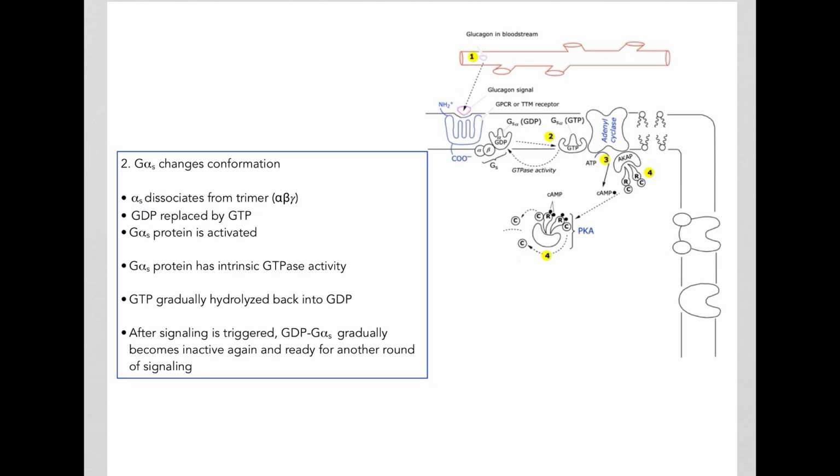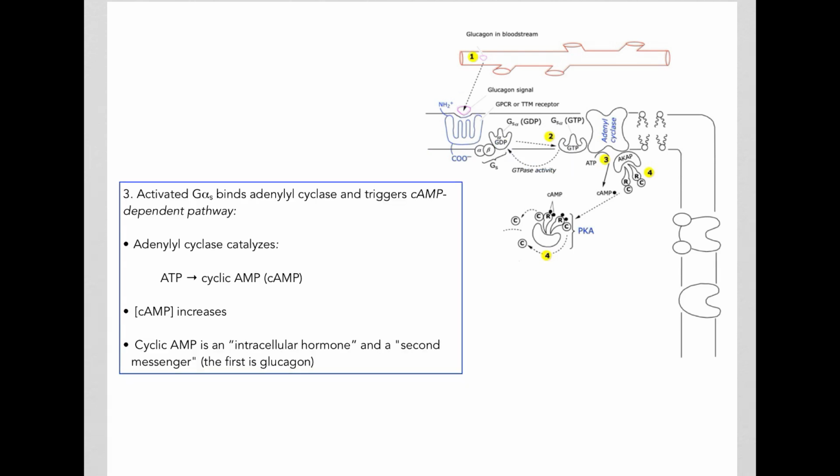So this gradual hydrolysis of the GTP back into GDP, making the G-alpha S protein go from the active form back into the inactive form, ensures that the signaling doesn't keep on happening. It gradually is terminated.